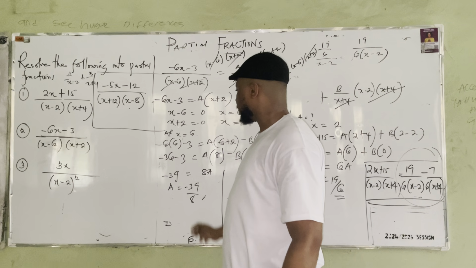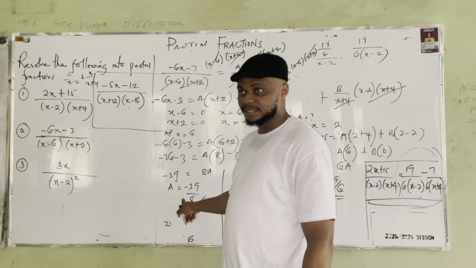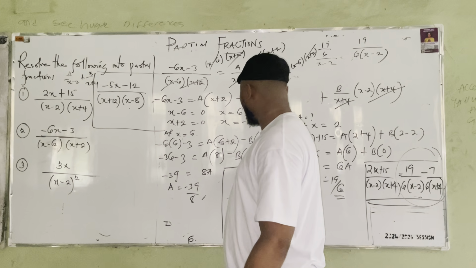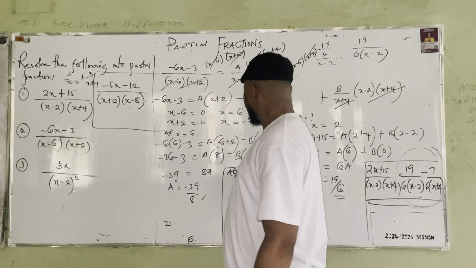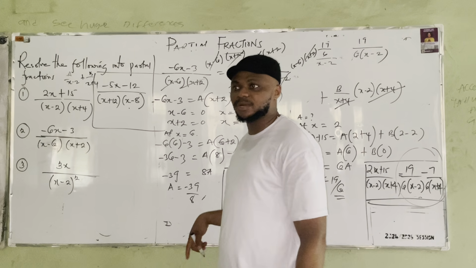Then the next one, a is minus 39 over 8, right? Yes. So the next one now we'll say at x equals minus 2. This time around we substitute minus 2.